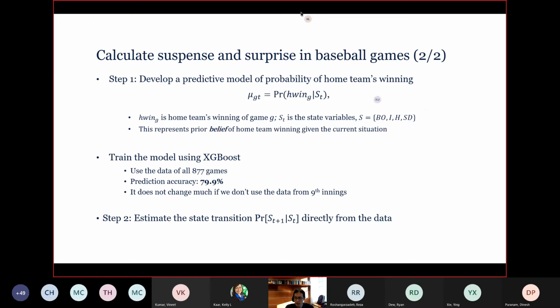Using those state variables at a given time t, we can develop a predictive model of home team winning probability, and that's going to be the MuGT. We train this predictive model using XGBoost, using all 877 games in 2018. Our prediction accuracy is about 80%, which I think is satisfactory and actually quite robust. We tried different machine learning models to develop these predictive models.